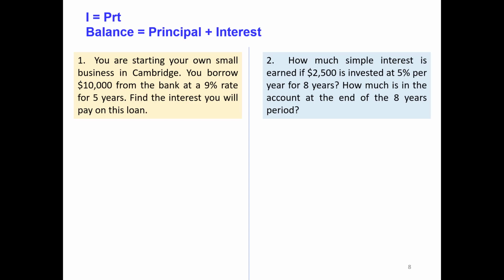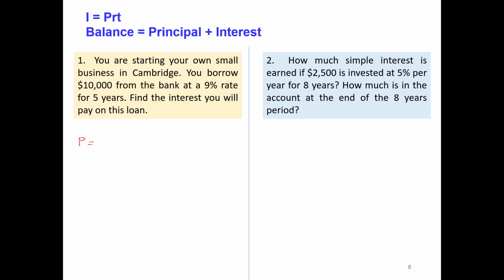Then in this case, we need to identify what information we know and what we need to find. Let's try to identify what we know. We know that the person borrowed $10,000 from the bank. This corresponds to the principal.